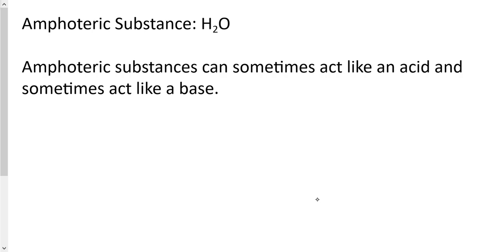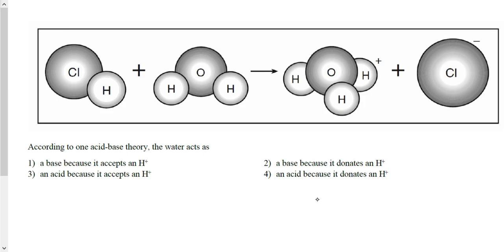There are other examples of amphoteric substances, but we're going to focus mainly on water. So again, water is a substance that sometimes acts like an acid and sometimes it acts like a base. So we have to figure out if it's an acid or a base when it appears in an acid-base reaction. Let's take a look at this example.